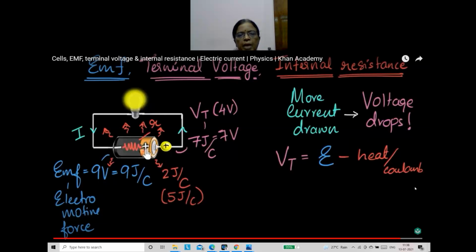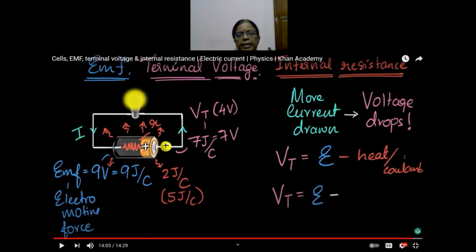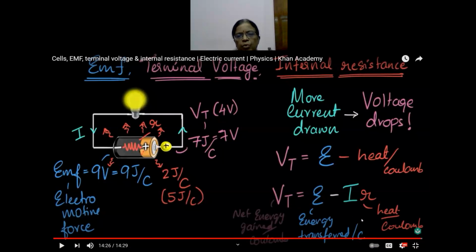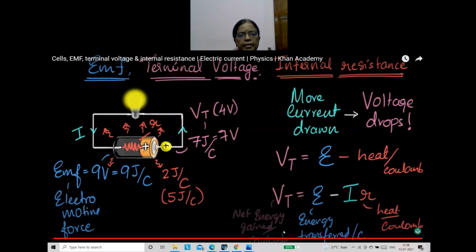That is the formula now. V equal to E minus Ir. This is the formula, where V is the terminal voltage, the net energy gained per coulomb. While passing through the cell, the net energy gained per coulomb is the voltage.